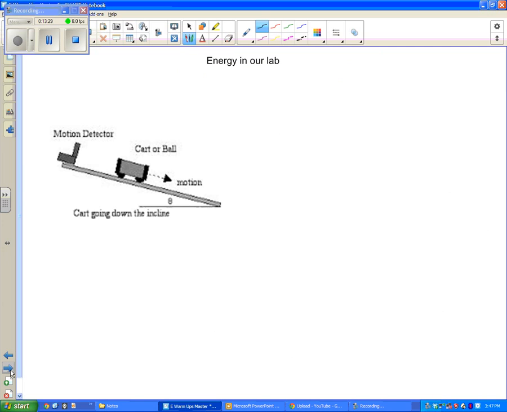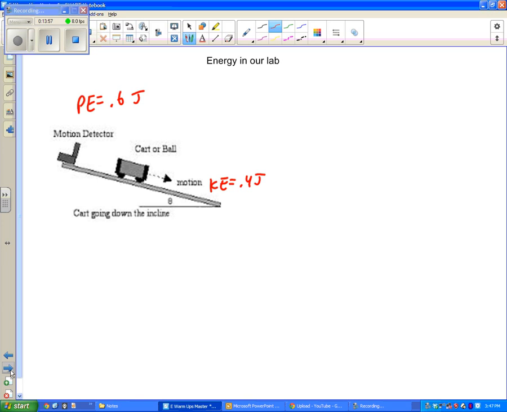All right. For our lab, we had a cart. The cart was on an incline. And we measured the potential energy and we measured the kinetic energy. And you should have got some data that said something like this. If our potential energy at the top is 0.6 joules, our kinetic that we measured at the bottom might have been 0.4 joules.